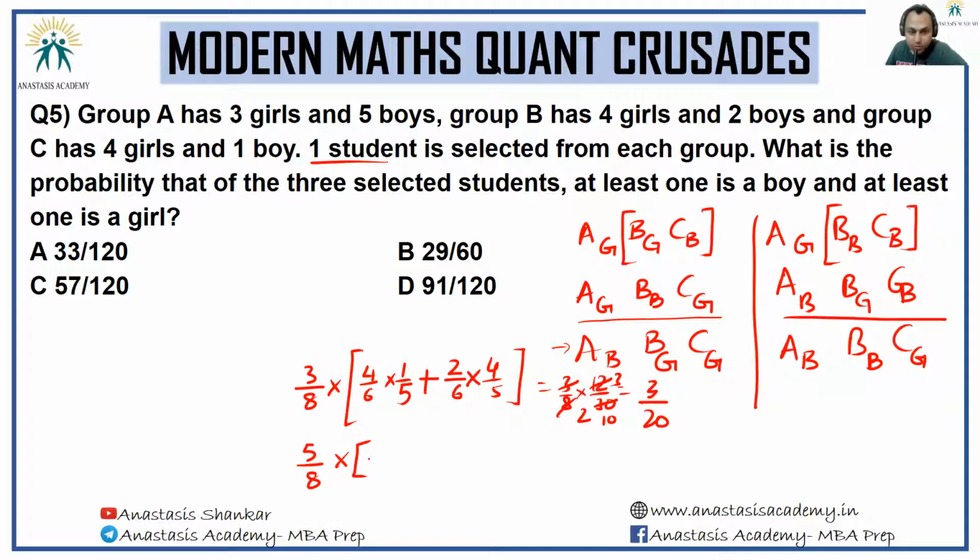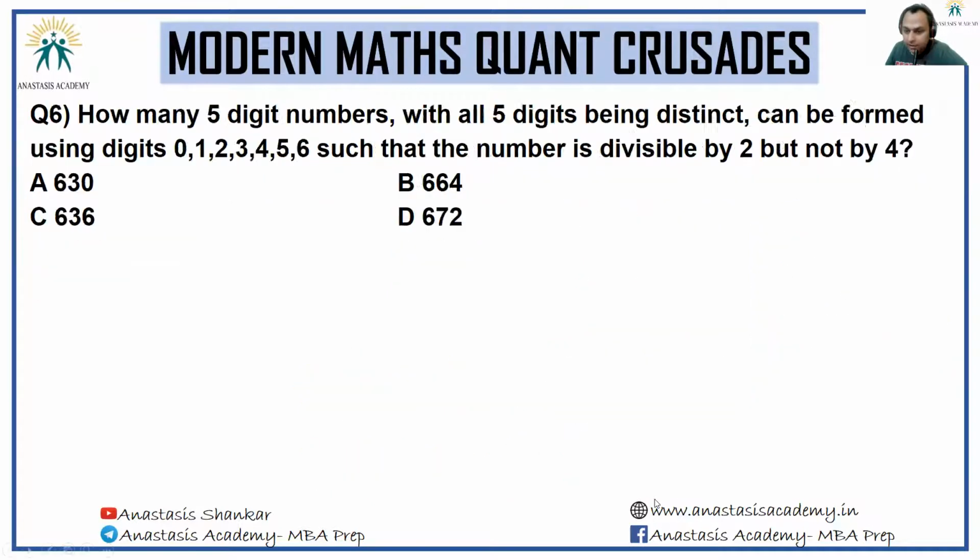Girl from both would be 4 by 6 into 4 by 5 plus you have 2 by 6 into 1 by 5. So 5 by 8 into 16 by 30, 2 by 30. So 18 by 30. So 3 by 5. So cancel. We get 3 by 8.